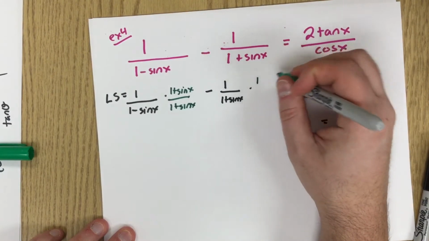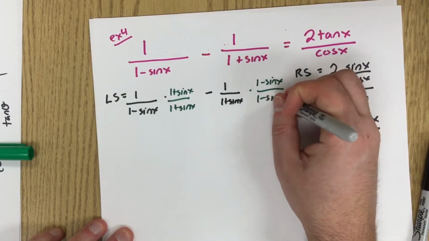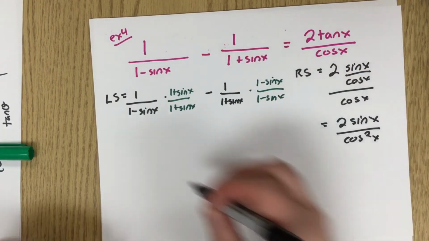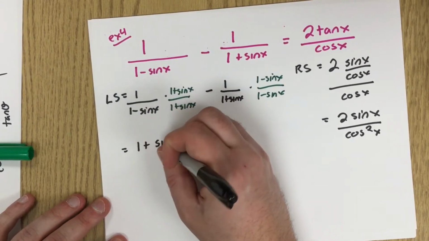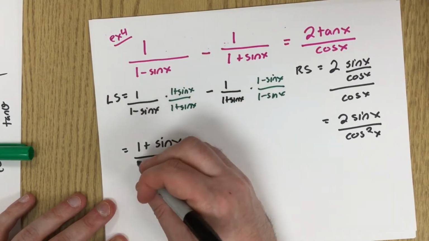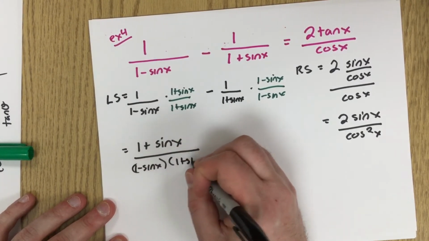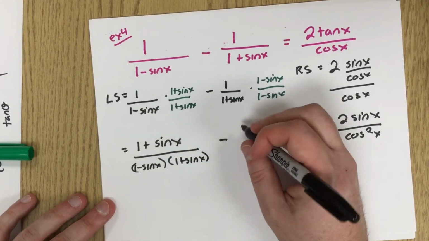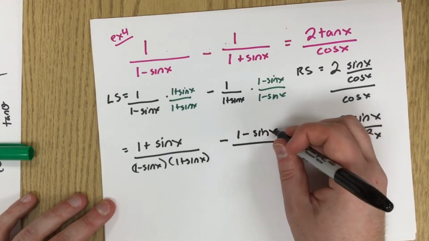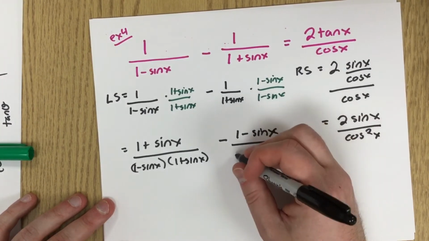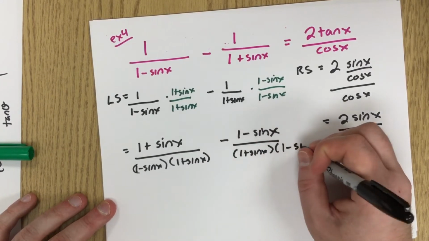Squishing this in a little tight. So what we end up with is 1 plus sine x over 1 minus sine x times 1 plus sine x, minus 1 minus sine x over 1 plus sine x, 1 minus sine x. There's a minus in a fraction, we've got to be careful with that one.